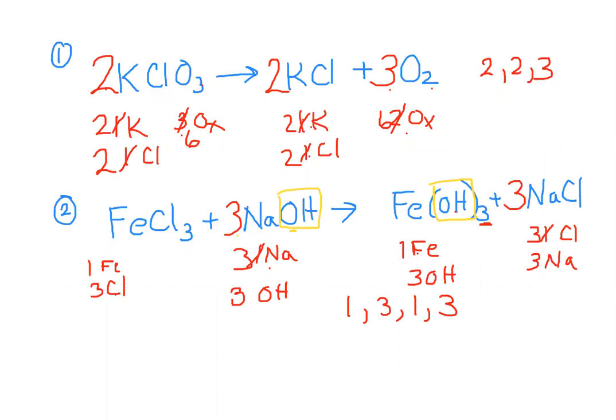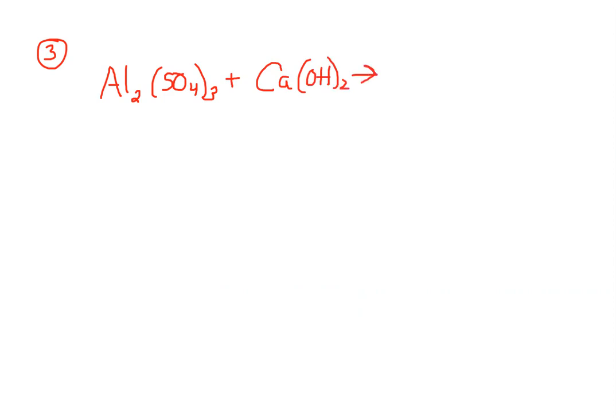Okay, these are on the homework. Al2(SO4)3 plus Ca(OH)2 yields Al(OH)3 plus CaSO4.